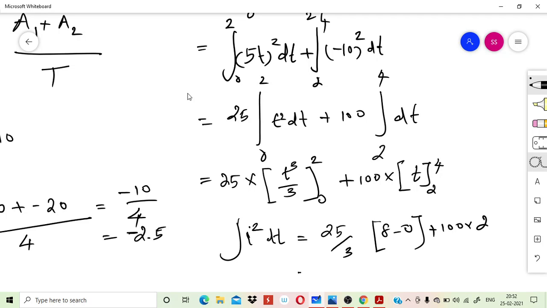That's equal to 25 into 8 by 3 plus 200. So this is what our integral I square dt is.